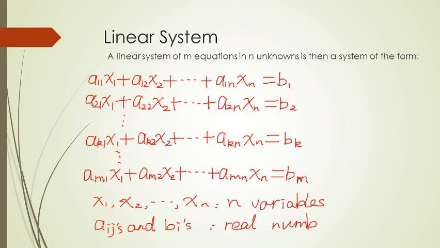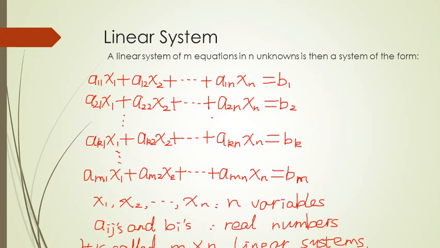Try to take note of this linear system. This is the standard format when we call it an m by n linear system. The number of equations is m, which means we have m equations with n variables, and the same n variables appear in all those m equations.